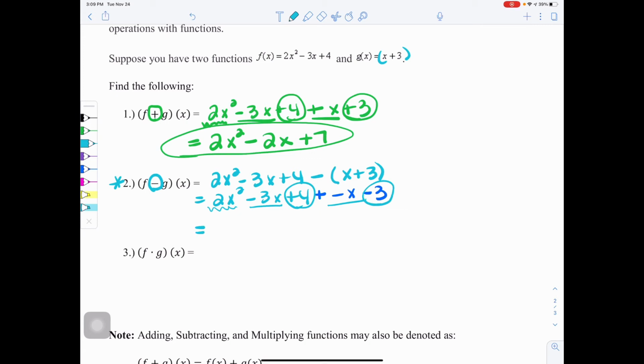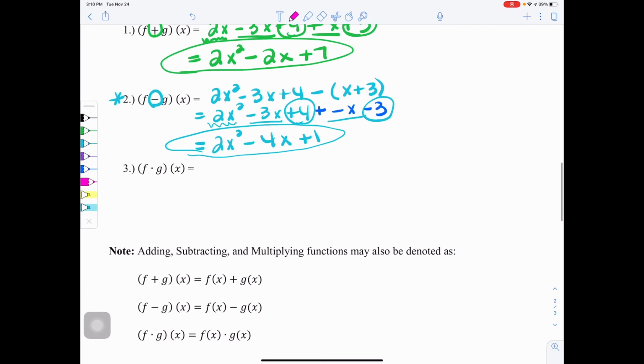So my expression would then be 2x squared, negative 3x minus x would be negative 4x, and 4 take away 3 would be plus 1. So you can see the change in doing that subtraction. Also, remember I'm writing things in descending order, which is your standard form for a polynomial. In number 3, the dot implies multiplication. So here, they would like us to multiply the function of f times the function of g.